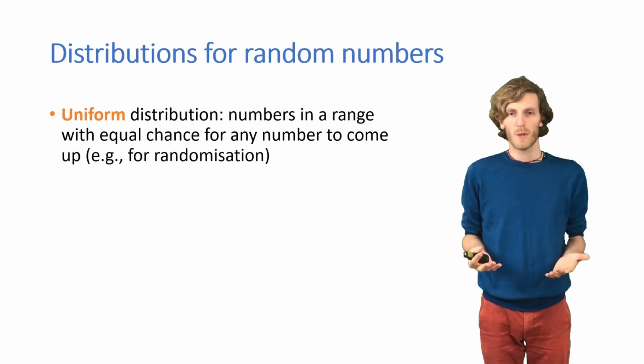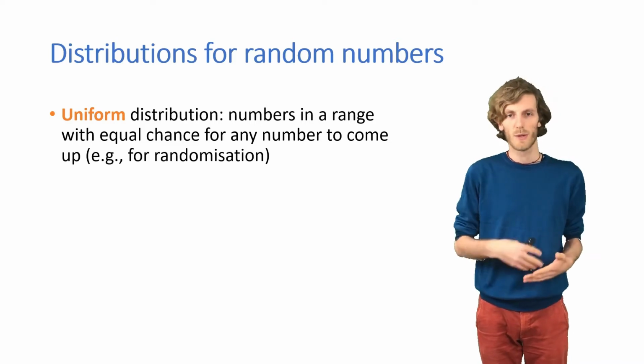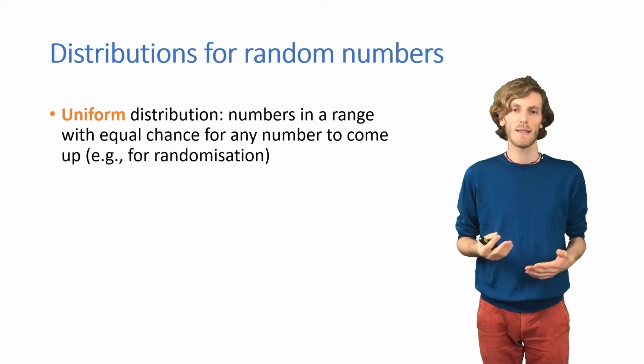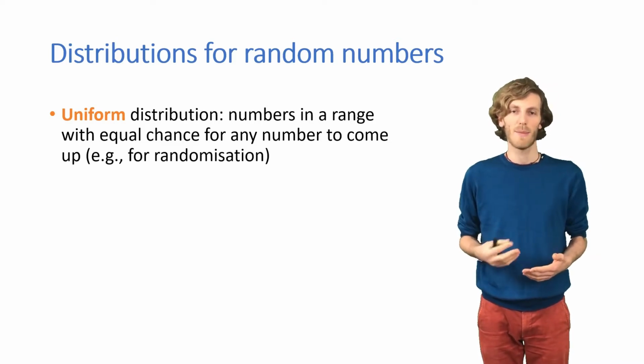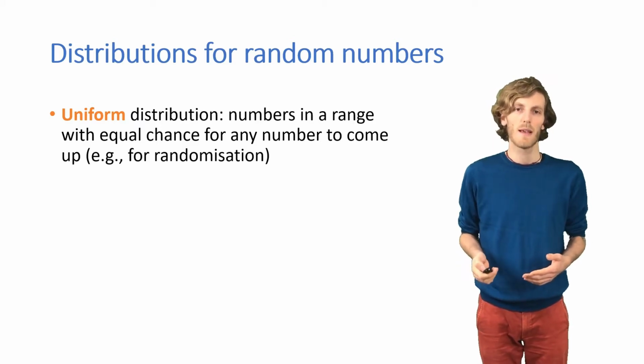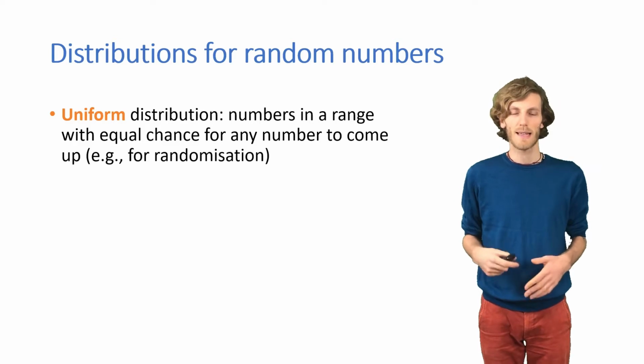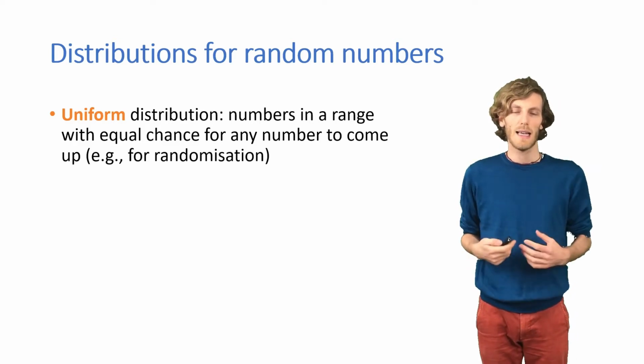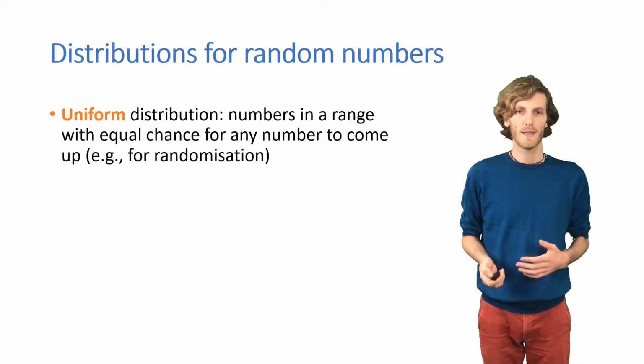That's probably what we would use for randomization, that's what we might use to generate an order. It doesn't describe many of the processes that we could study. Most of the time when we try to simulate a sample, a different distribution would be more appropriate.